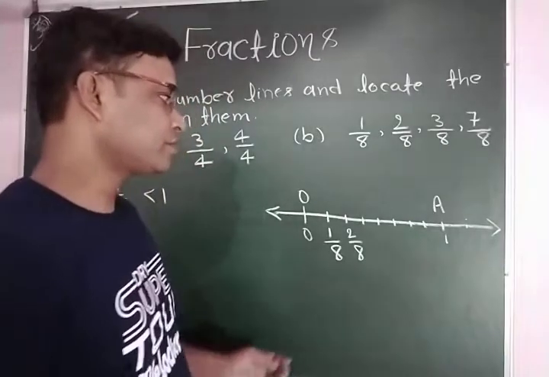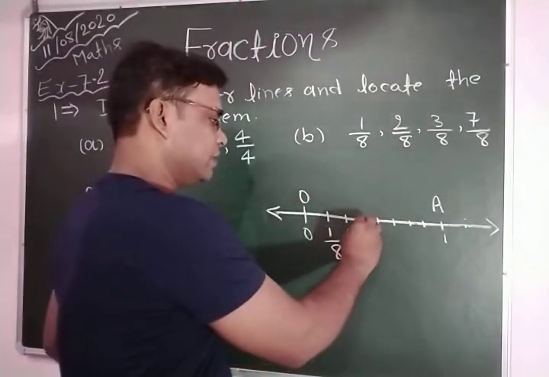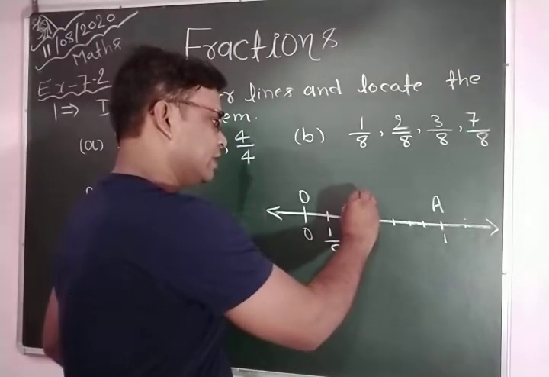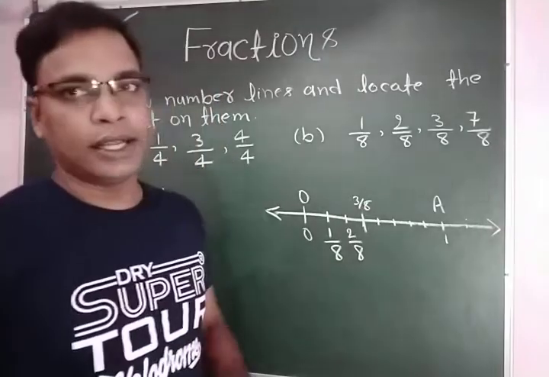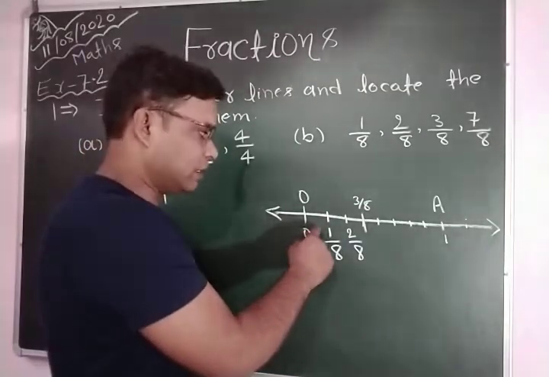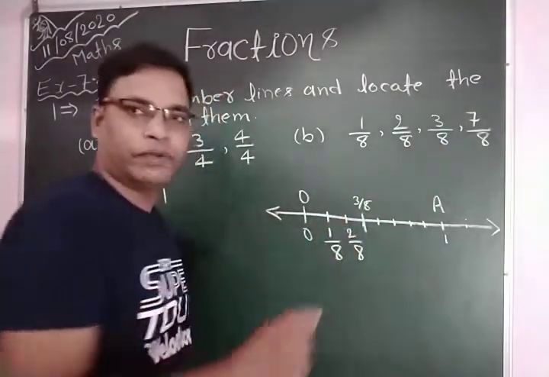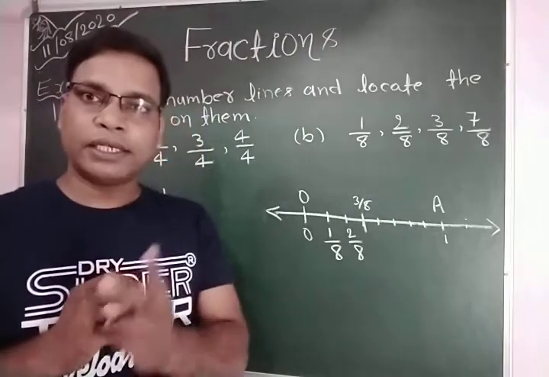Clear? Now 3 by 8. This part 1 2 3, this part represents 3 by 8. After this 7 by 8. So we count 7 parts. Okay, 7 by 8 means we divide the line segment between 0 and 1 in 8 equal parts, and it takes 7 parts.